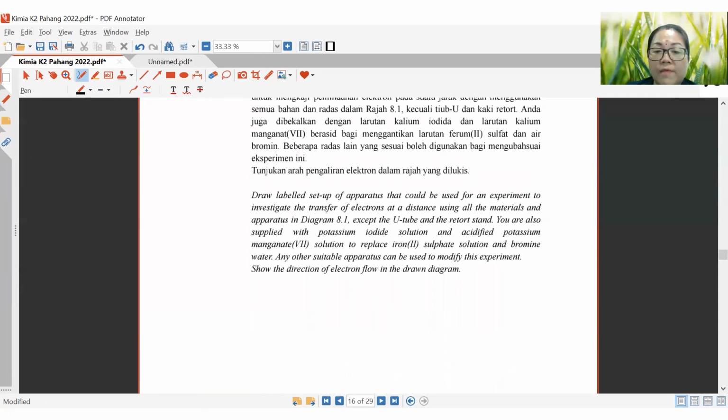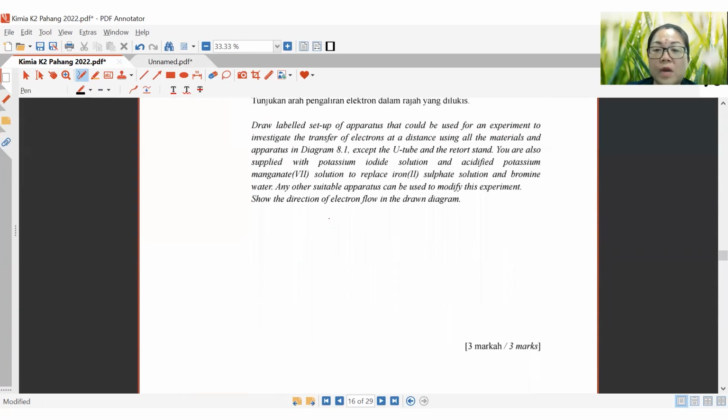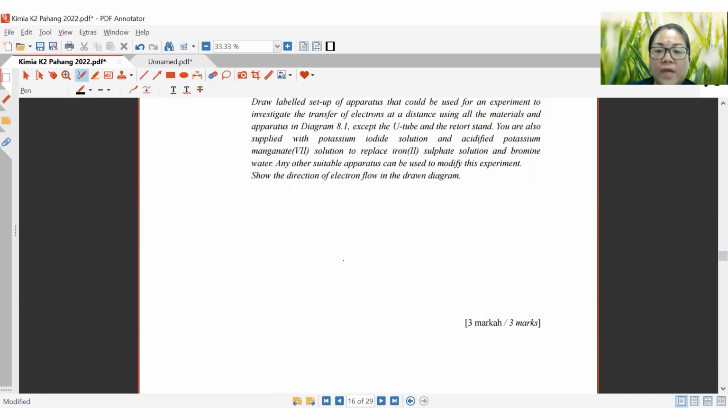Now let's look at B. Draw a labeled setup of apparatus that could be used for an experiment to investigate the transfer of electrons at a distance using all the materials and apparatus in diagram 8.1 except the U-tube and the retort stand. You are also supplied with potassium iodide solution and acidified potassium manganate 7 solution to replace iron 2 sulfate solution and bromine water. Any other suitable apparatus can be used to modify this experiment. Show the direction of electron flow in the drawn diagram.